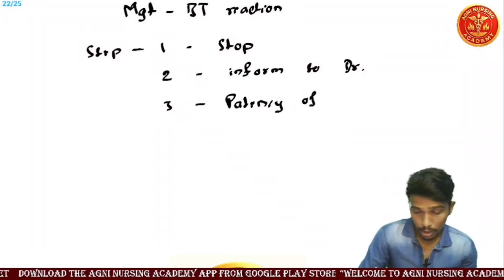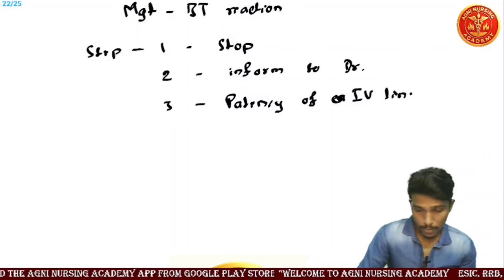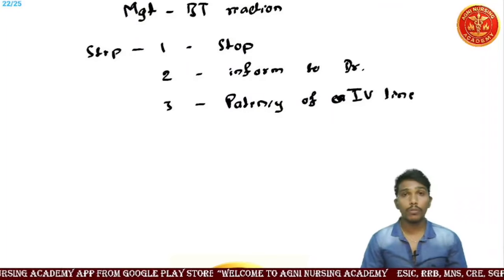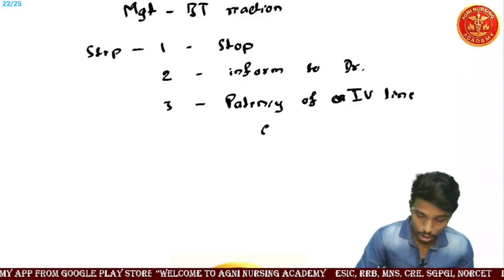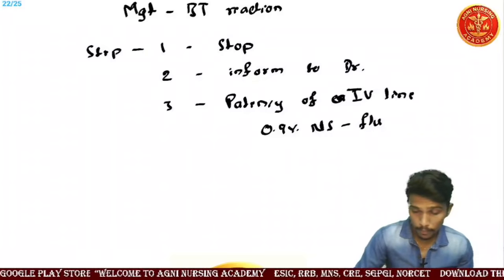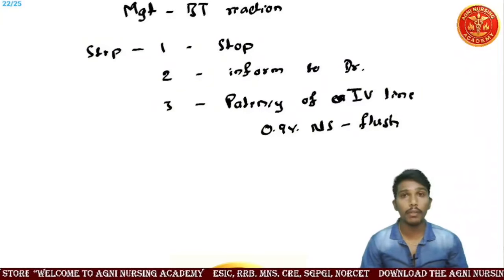Patency of the IV line, by giving which fluid during the transfusion? That one is 0.9% NS flush. By giving this flush we have to maintain the patency of the IV line.